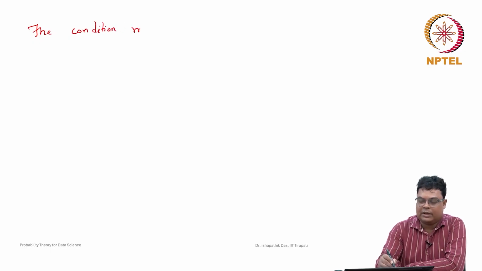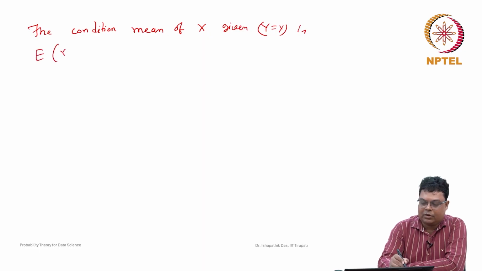So the conditional mean of x given y equal to y is, by definition, the expected value of x given y, so this is mu of x given y.